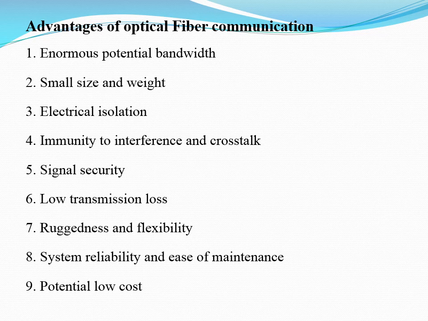So first one is about bandwidth. It has got enormous potential bandwidth. Bandwidth here is the information carrying capacity of the device. If the optical fiber has enormous potential bandwidth, it means the bandwidth is very high, so the information carrying capacity of such fibers will be very high.